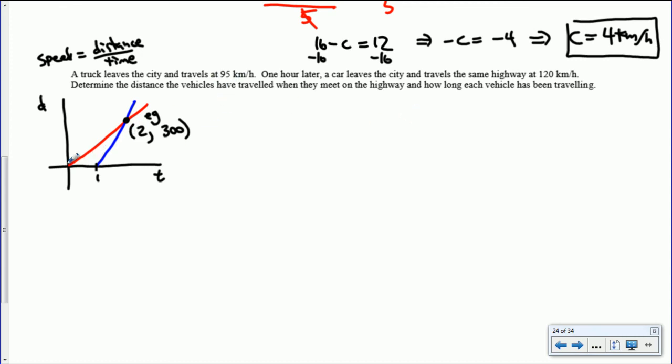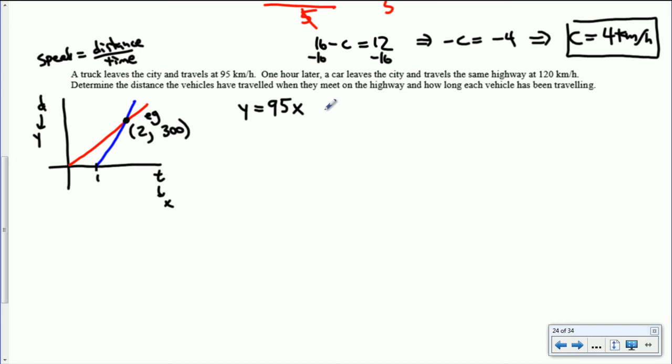So the slope of this line needs to be 95, and the slope of this one needs to be 120. And all we need to do is find the intersection point. The equation for the truck is fairly intuitive, hopefully. So I guess we'll let y, so instead of d, we'll use y. Instead of t, we'll use x. So y equals 95x.